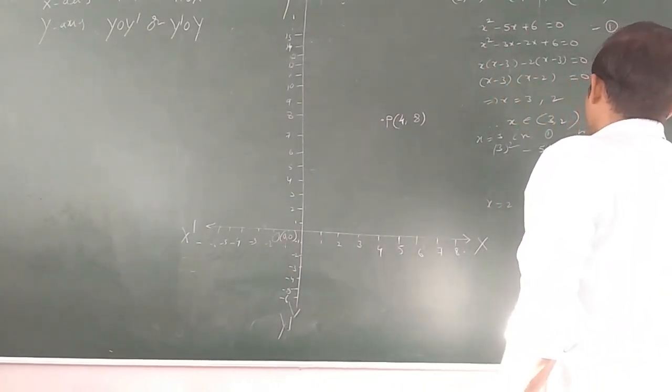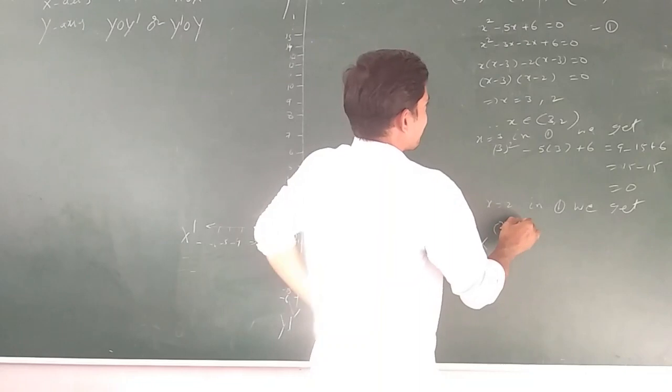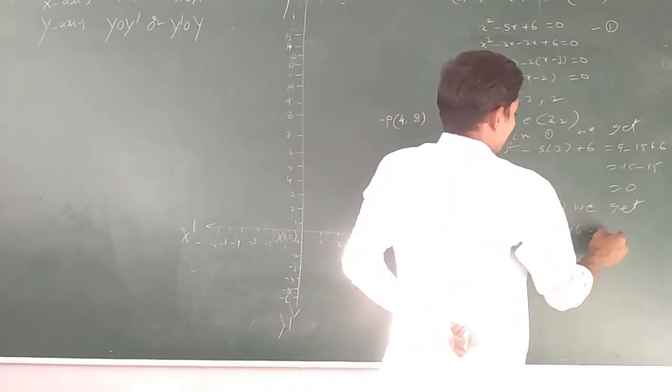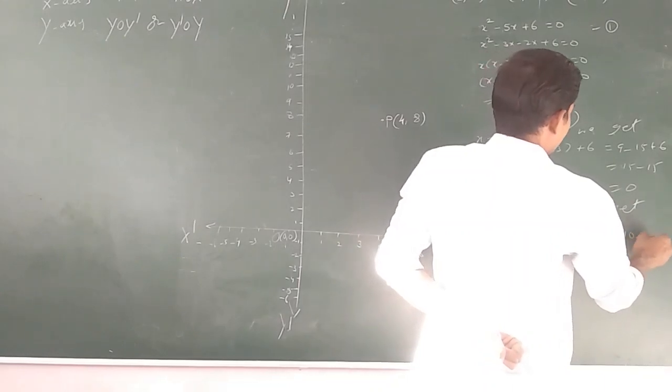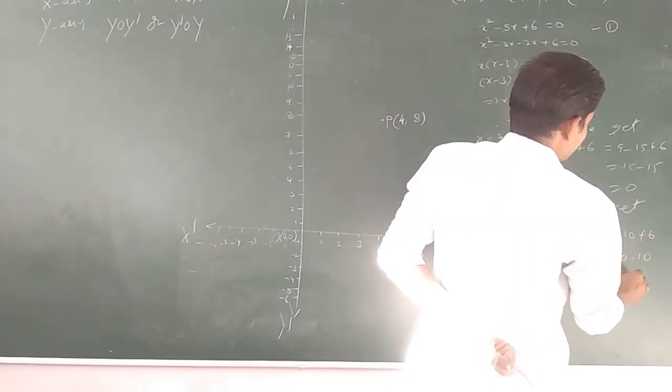And then x = 2. In 1 we get 2² - 5 × 2 + 6 = 4 - 10 + 6 = 10 - 10 = 0.